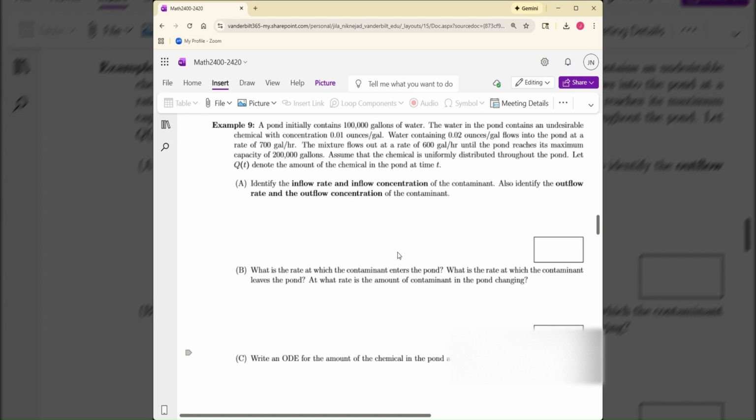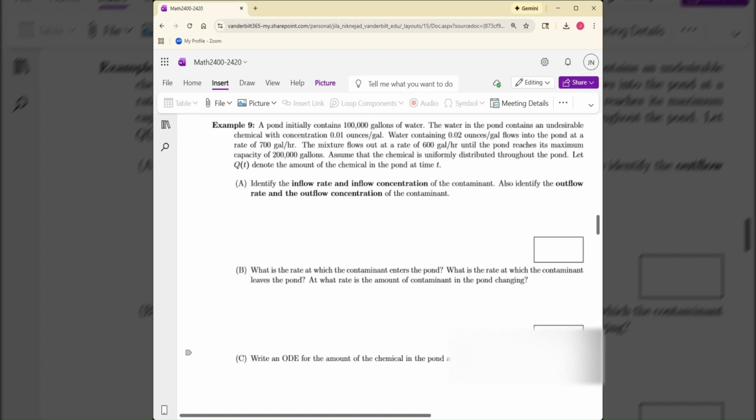The mixture flows out at a rate of 600 gallons per hour until the pond reaches its maximum capacity of 200,000 gallons. Assume that the chemical is uniformly distributed throughout the pond. Let Q of T denote the amount of chemical in the pond at the time T.